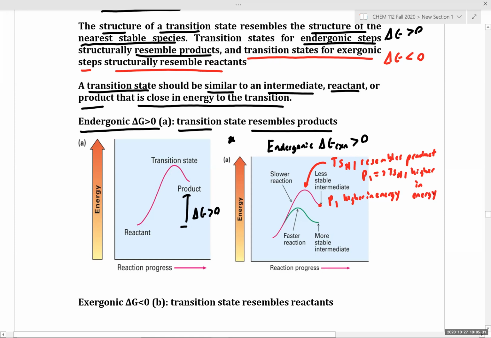Does that make sense to everyone? Endergonic reaction, transition state resembles our products. Product 1 higher in energy, transition state 1 is higher in energy. Does that make sense?